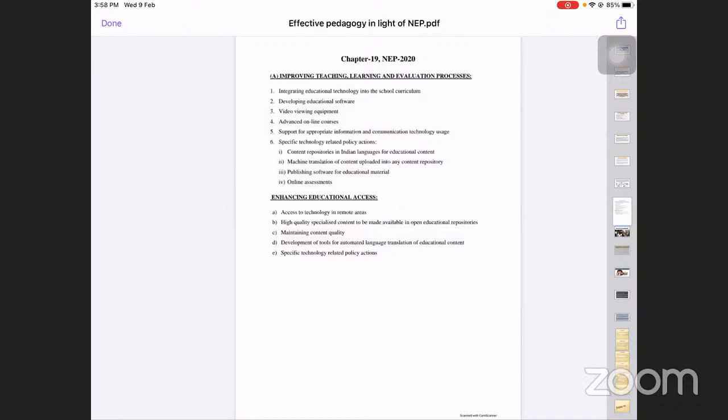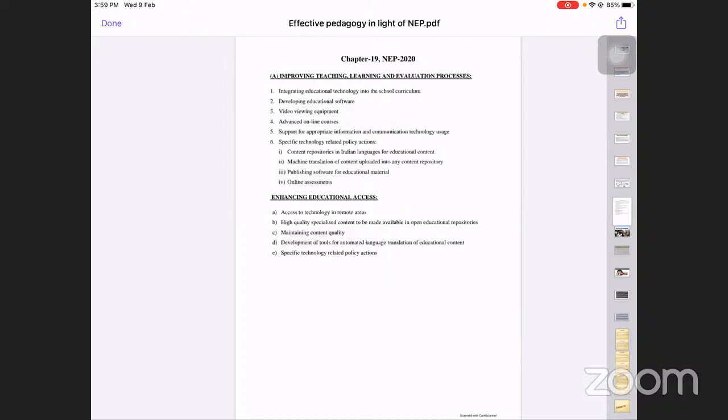High quality specialized content to be made available in open educational repositories. So repositories should be developed by certain centers and institutions that will be identified as sound technological institutions. They will prepare courses, and it will help the students to learn much more, like a reservoir, like a bank, and they will be able to take help from these educational repositories.